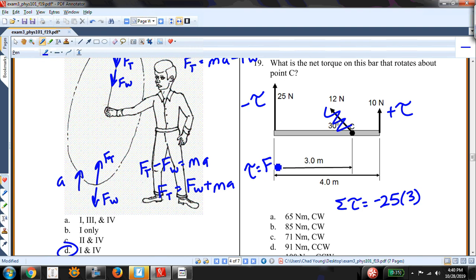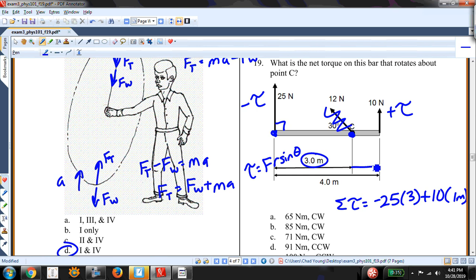Remember, torque is equal to Fr sine theta, where r is the distance from here to the axis of rotation, or 3 meters, and theta in this case is 90 degrees, and the sine of 90 is equal to 1. The torque due to this force is equal to positive 10 times 1 meter.